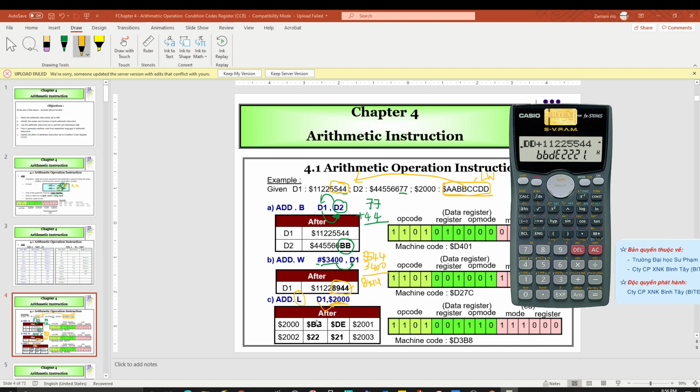The location value is BBDE2221. This is the initial value, AABBCCDD.